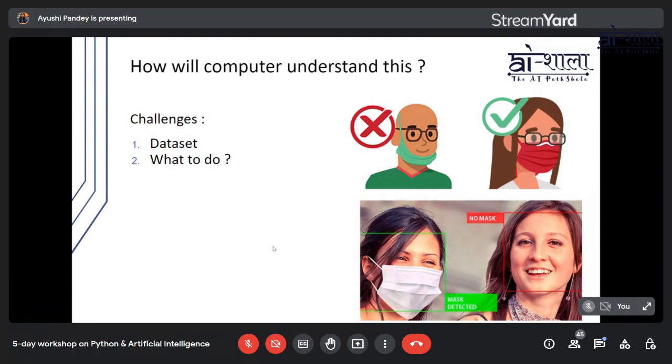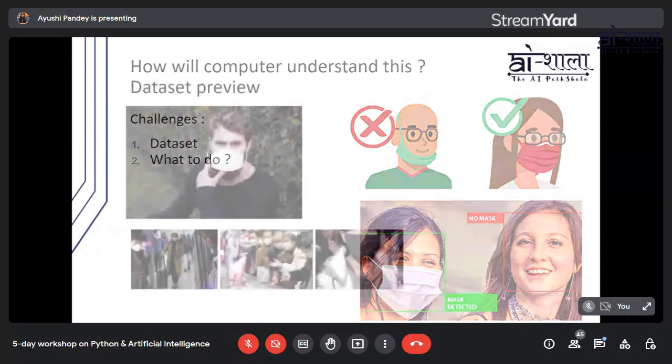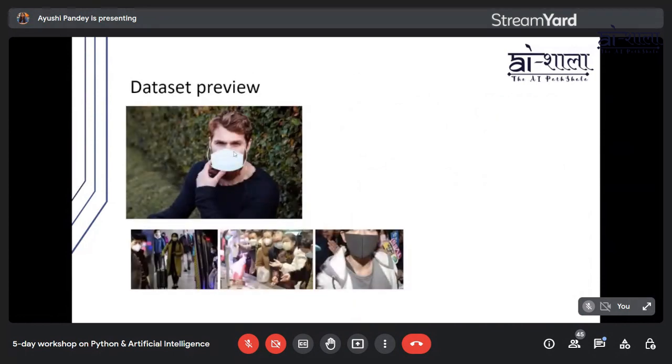So what can we do for the data set? First, this is the data set preview. You can see it looks like something has been imposed. So yes, it has been imposed. What is happening? The data set for mask is not available. So what people are doing, they're synthetically generating the data set by imposing masks.